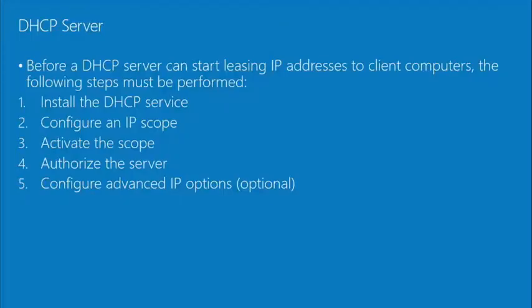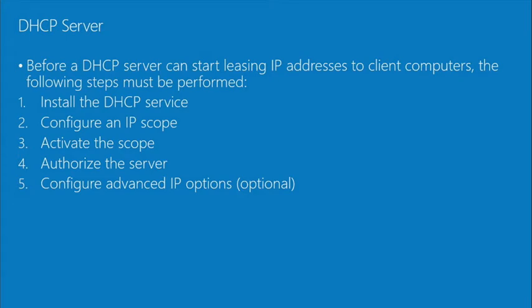Great. So the DHCP server. Before a DHCP server can start leasing IP addresses to client computers, and that's what it's called, when a client computer receives an IP address from a server, it leases an address. Yep. The following steps must be performed. First of all, you need to install the DHCP role service.